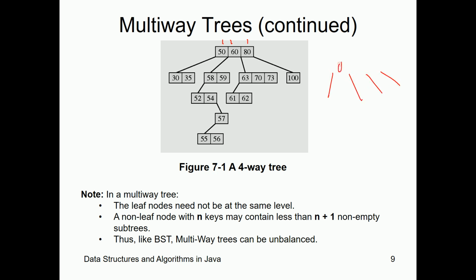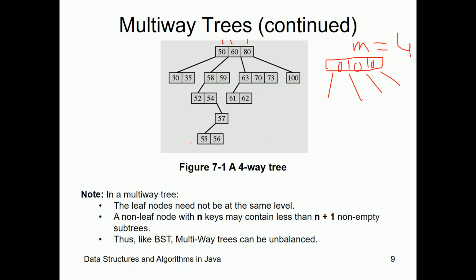That means how many values? 1, 2, 3, because I need to have values in the middle, because every value has a left and right. At maximum, I can have 3 elements, what they call keys. 3 keys per node when m is equal to 4, so this multi-way tree of order 4 has 3 keys at max. I can have 1, 2, or 3.